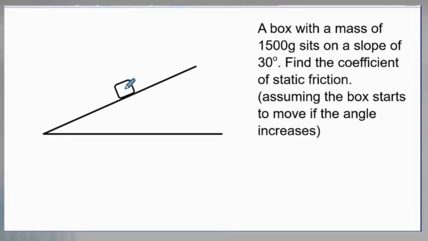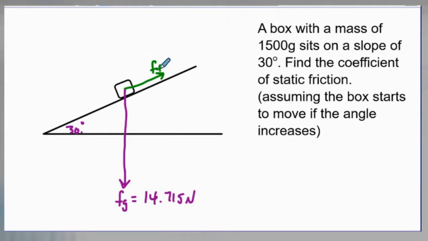Anytime you're given the mass, I think we should right away always find our force of gravity. And in this case, we have 14.715 newtons. Let's remember that this is an angle of 30 degrees. And we're going to get all of our other forces drawn in here. I have a force of friction, which is opposing the object moving.